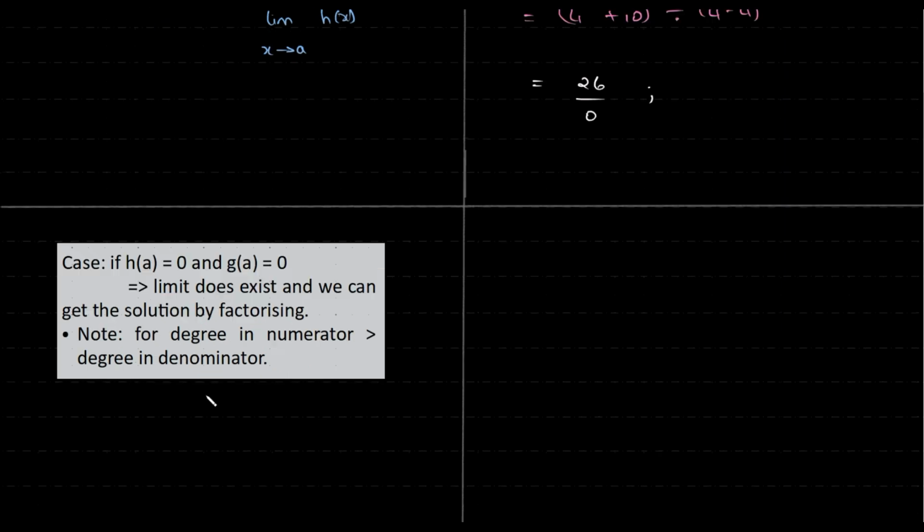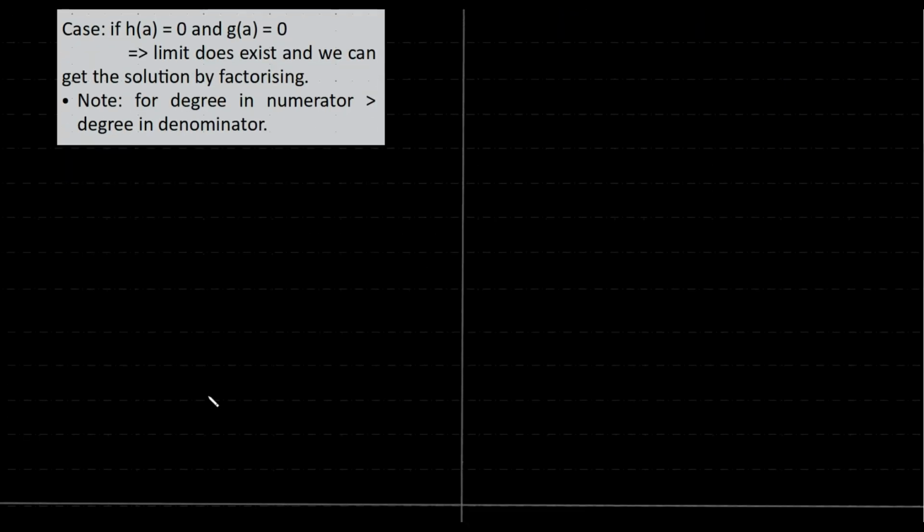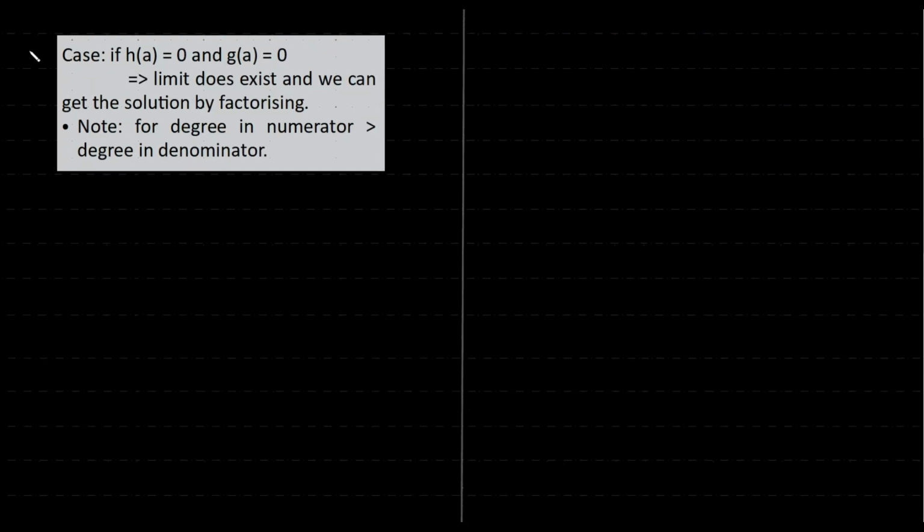Now there is one more particular case. Actually there are two more cases, to be honest, but we just studied this one. What we have here is both the numerator and denominator result in 0 when we substitute a. In this case, the limit does exist, and we can get the solution by factorization.